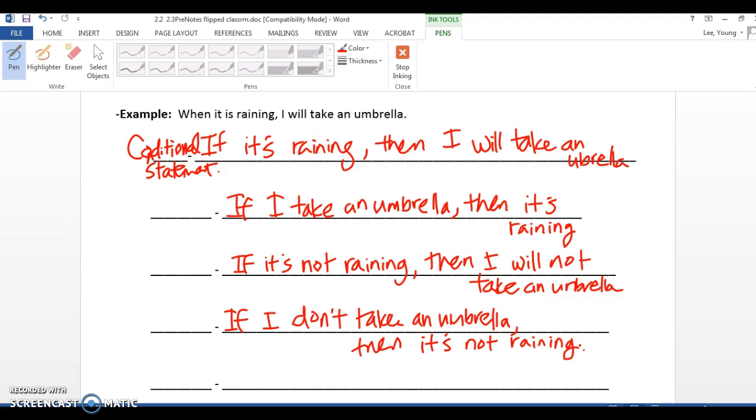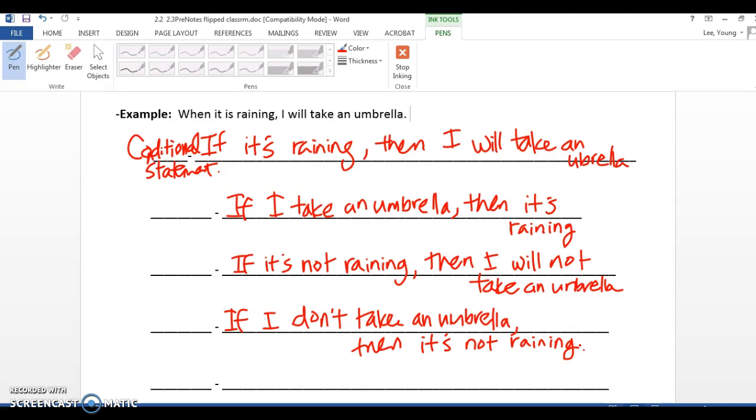So from this conditional statement, we can either switch the order of conclusion and hypothesis, or we can negate the hypothesis and conclusion, or we can switch and negate them.